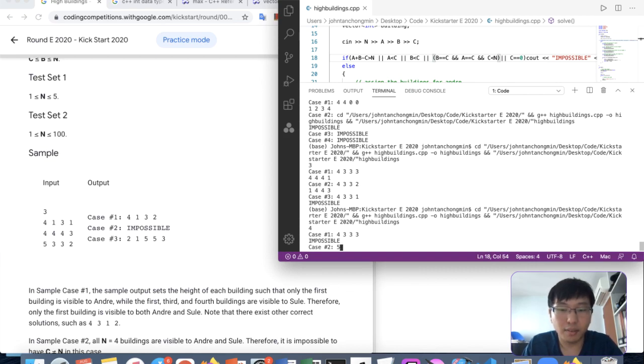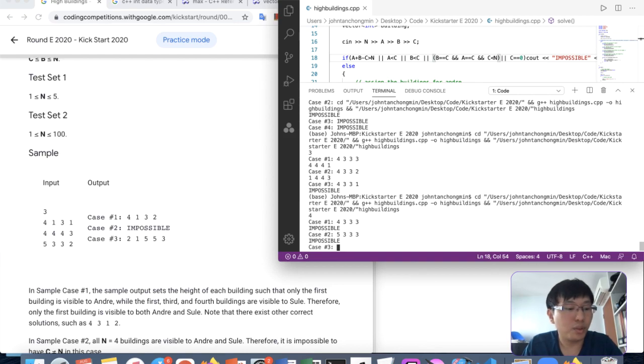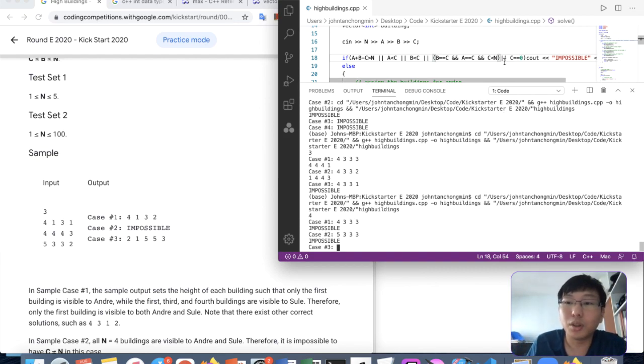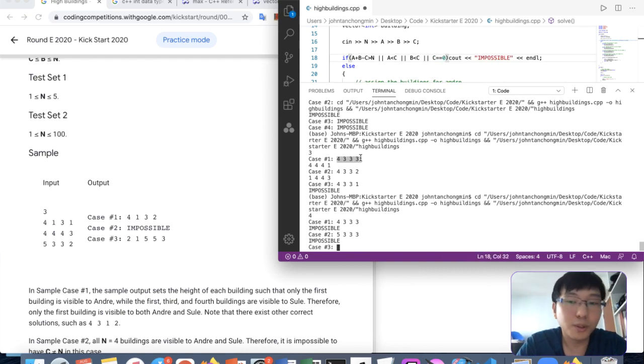Okay, let's try for 5. Okay, so maybe 5 3 3 3 is impossible also. Is it impossible? Oh no, it's not impossible actually. This is wrong, I shouldn't put it here. I realized something: in this 4 3 3 3 case, it's perfectly possible for them to see only 3 by putting one unseen building inside.